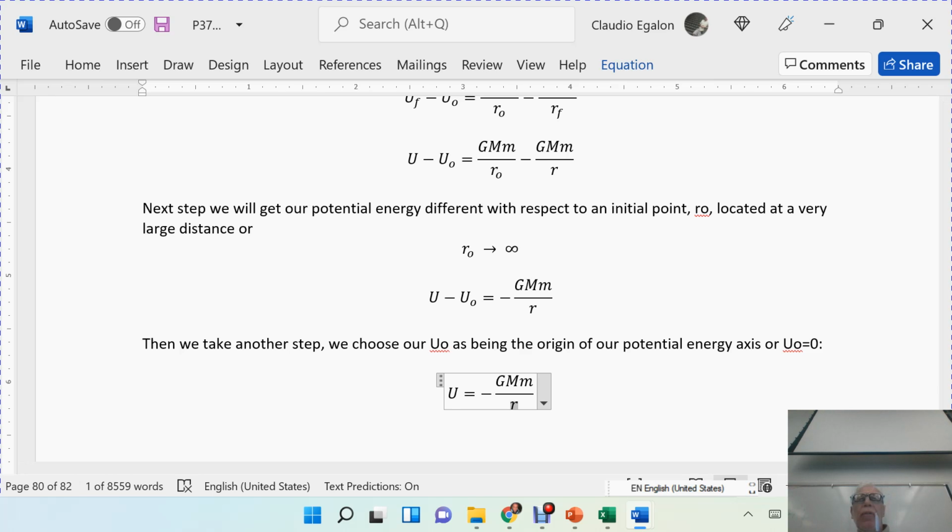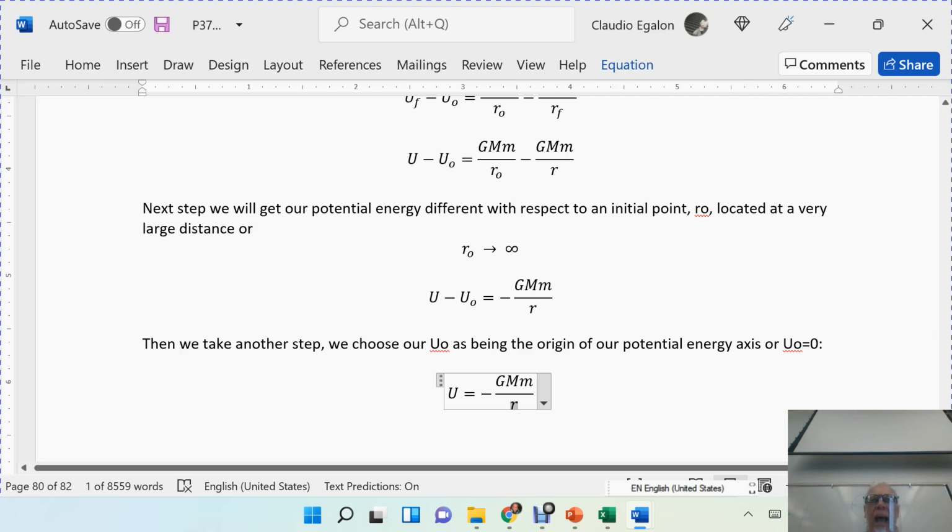First, we choose a reference point to take our potential energy difference. By analyzing the potential energy relation, we find that we cannot choose R naught equal to 0. The center of the Earth is not going to work, because if I put 0 here, this goes to infinity. Then we look at the other end: what if R naught is infinity? It does lead to a finite number, because this value goes to 0.